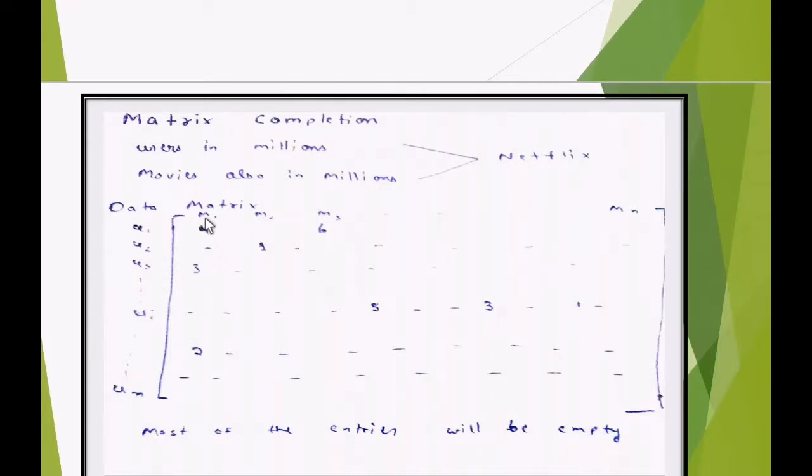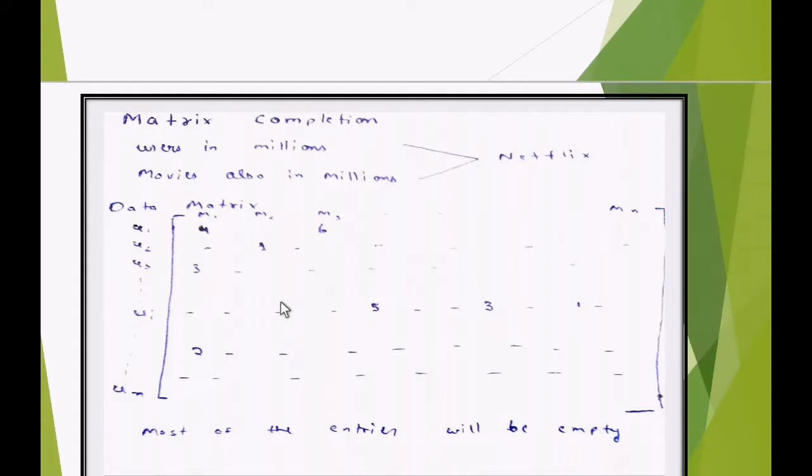And each entry, let's say this entry is 4, that means user 1 gave a rating of 4 to movie 1. Now it is not possible for a user to watch all these movies. In fact, it is going to be a matrix where most of the entries are 0 or not a number. So this type of data matrix is extremely sparse in nature, and we use a matrix completion algorithm to fill all these entries.